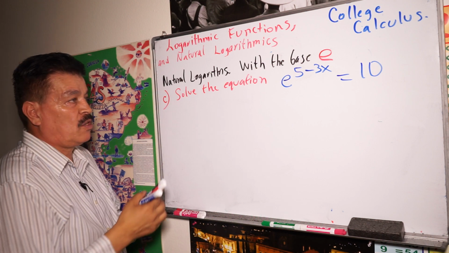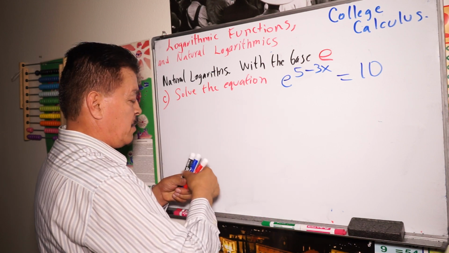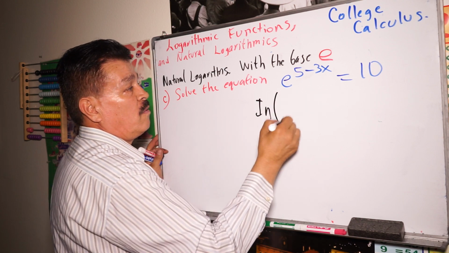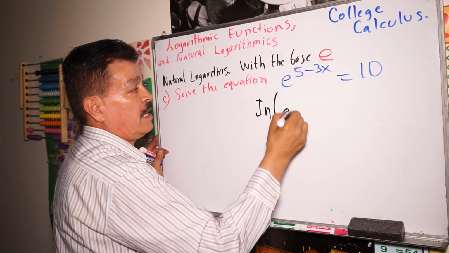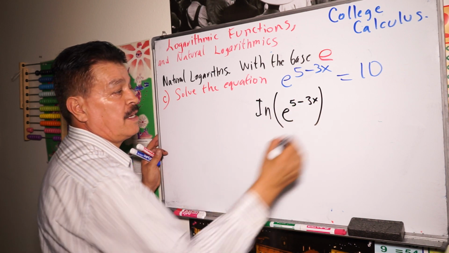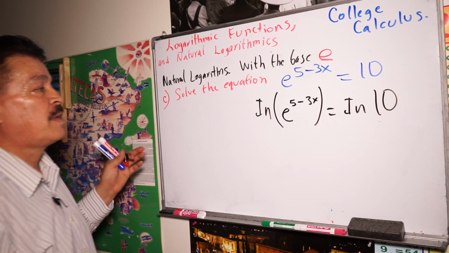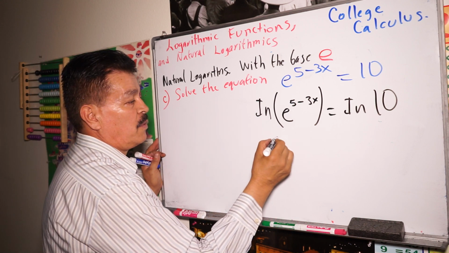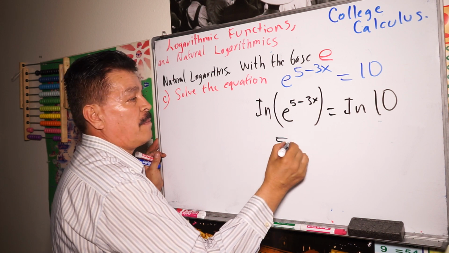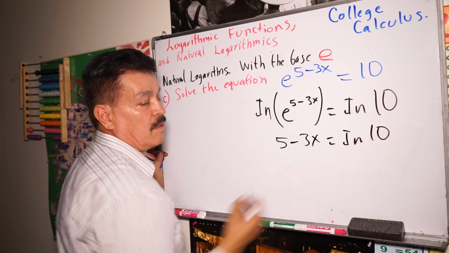All right, so the next step. This is the problem. The first step: we are going to have ln of what? Of this number inside, e to the 5 minus 3x, equals ln 10. So now you are going to have 5 minus 3x equals ln 10.